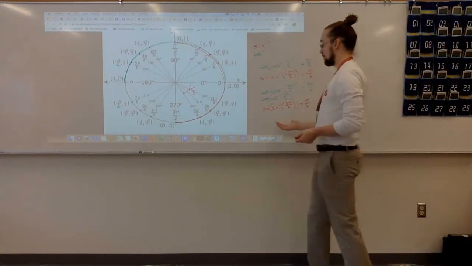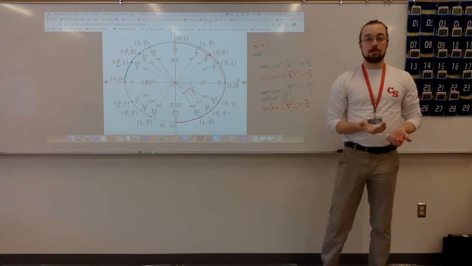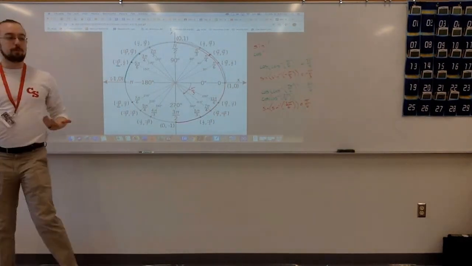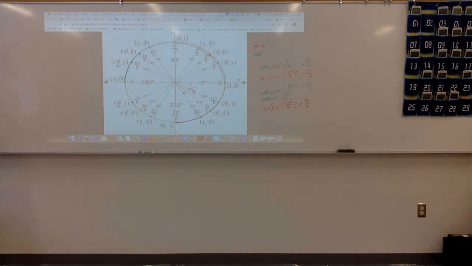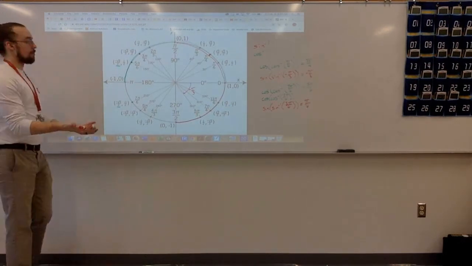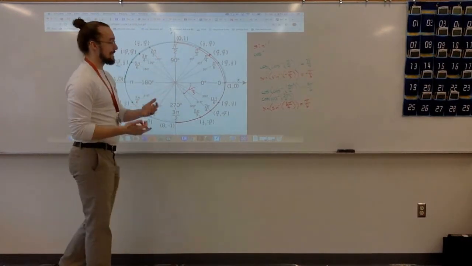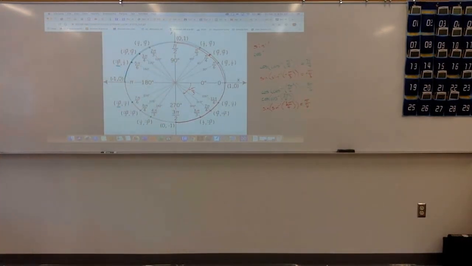I could do that for any angle, okay? Because we know that the unit circle is going to keep repeating. So I could do that for an angle of 100 pi over 4. We would just need to find where that same y value, if we're talking about sine, or that same x value, if we're talking about cosine, occurs.